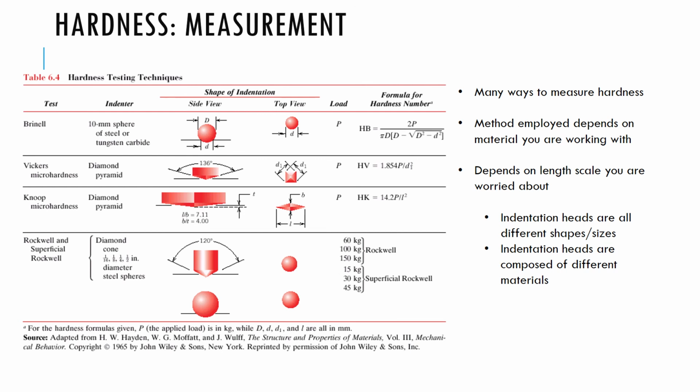Basically, what it involves is taking some kind of indentation head and forcing it into the material and trying to measure how much that material has resisted indentation. There are lots of different types of indentation heads, some are round, some are pointed, and they're all composed of different materials.